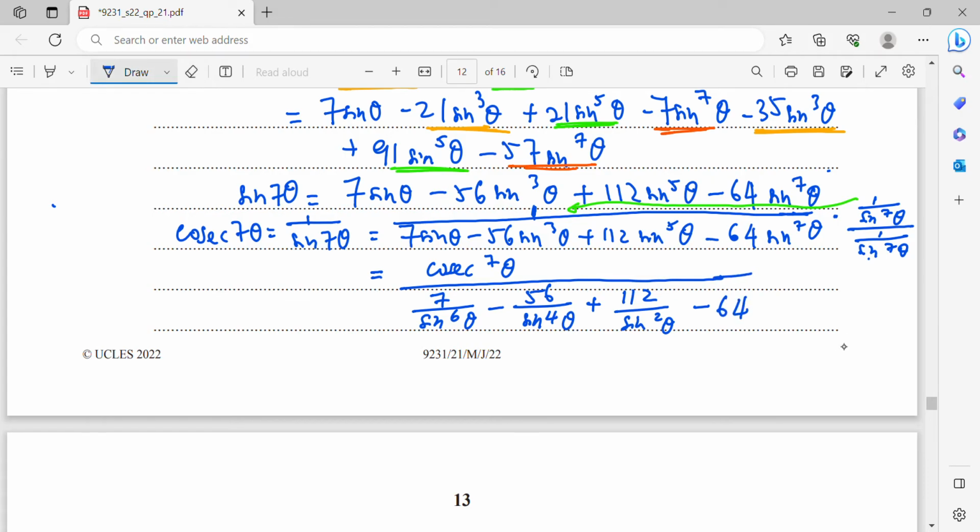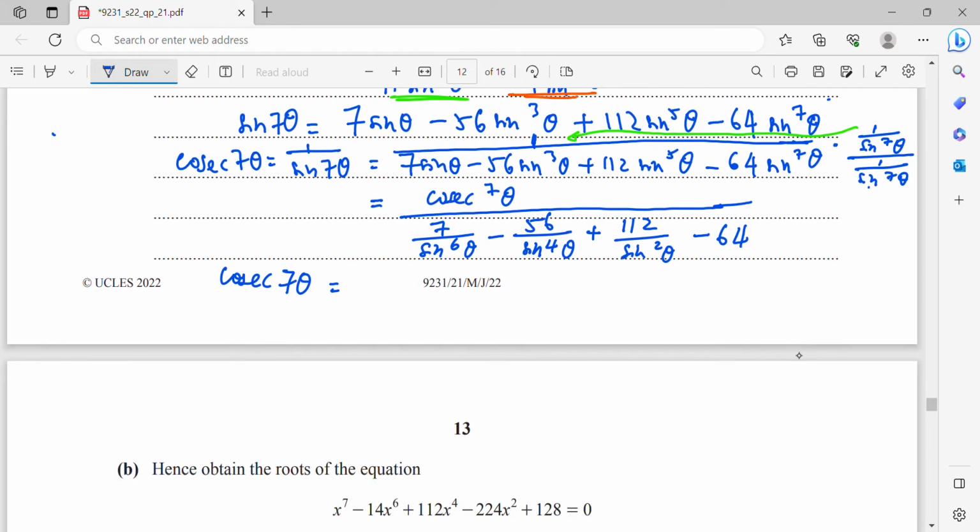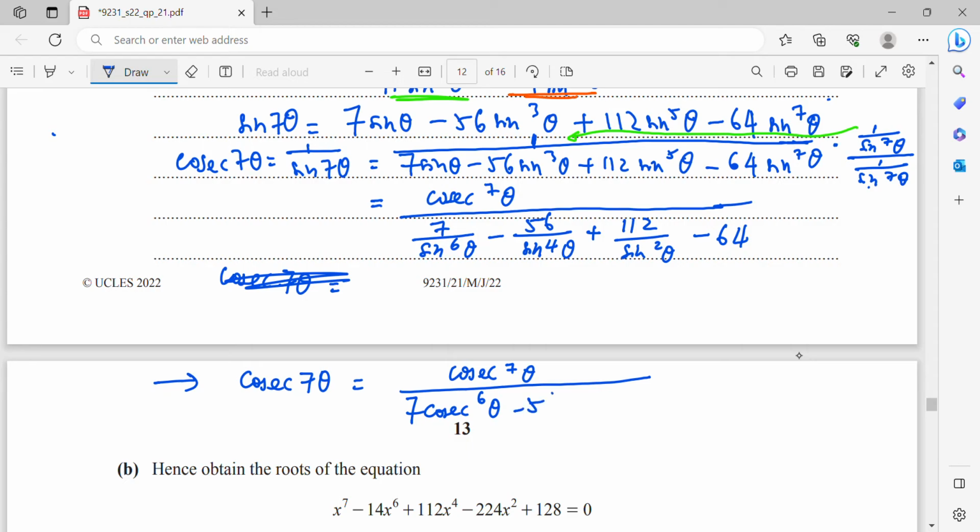Now, lastly, you can change the 1 over sine to cosec. So cosec 7 theta is cosec to the power 7 theta over 7 over sine degree 6, it is 7 cosec degree 6 theta minus 56. 1 over sine degree 4 theta is cosec degree 4 theta.